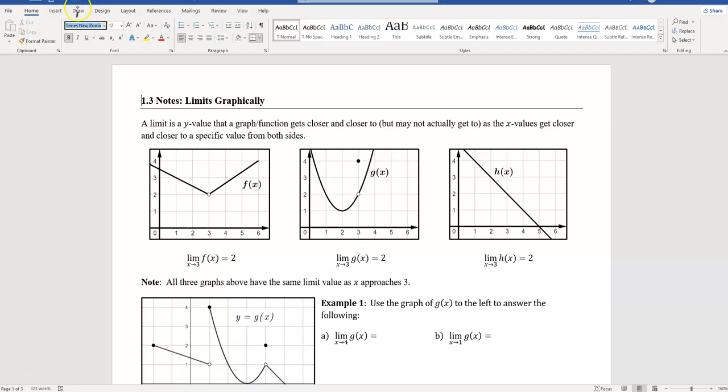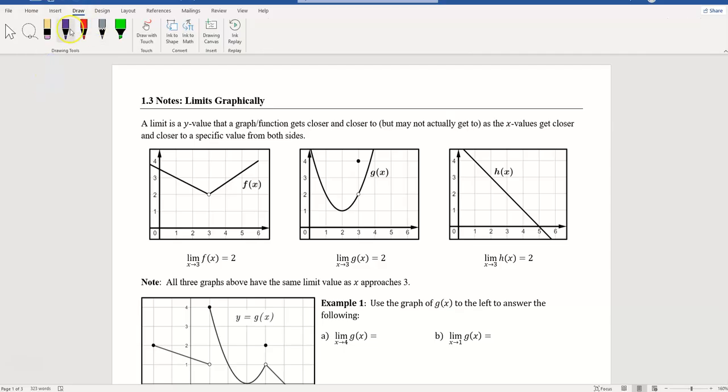What I encourage kids to do, especially at first, is whatever your x is approaching, you can draw yourself a vertical line right there. So at 3, I've got a vertical line right here. What's happening is the limit is as I approach from the left side.